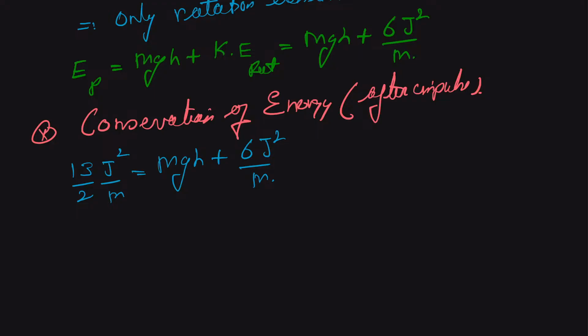Now it is quite simple to solve, and from here we can write that h will be equal to 13 minus 12, so it comes as J square upon 2m square g. So this is the maximum height attained by the center of mass.